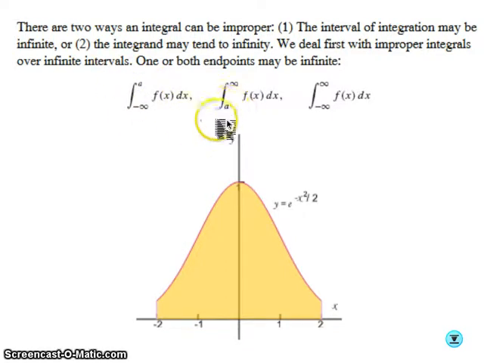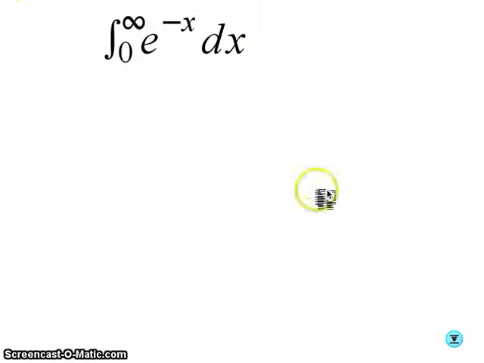The second one is from a to infinity, and the last one is from negative infinity to infinity, so both endpoints are infinite. And you may ask, how is an infinite, unbounded region going to have a finite area? Well, we'll talk about that as we move on.